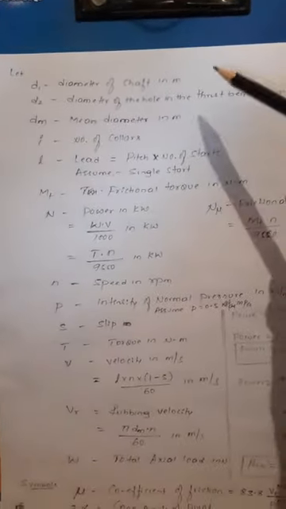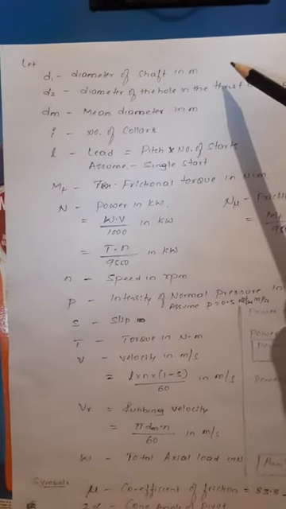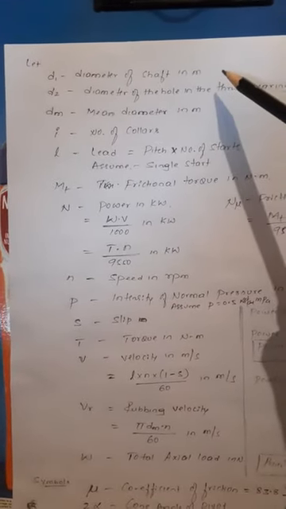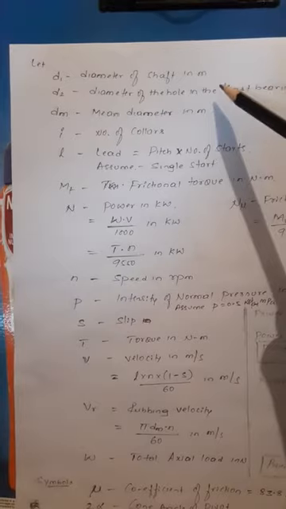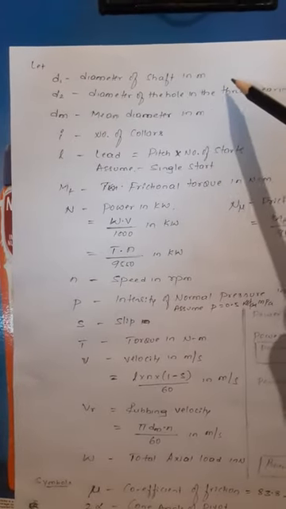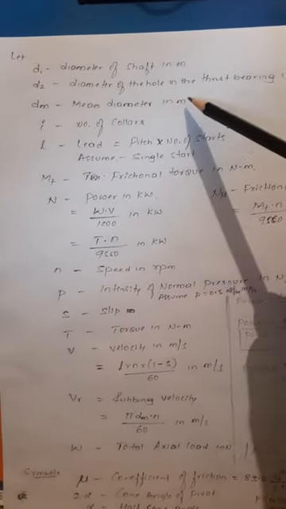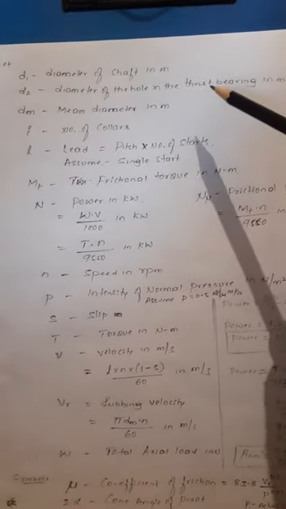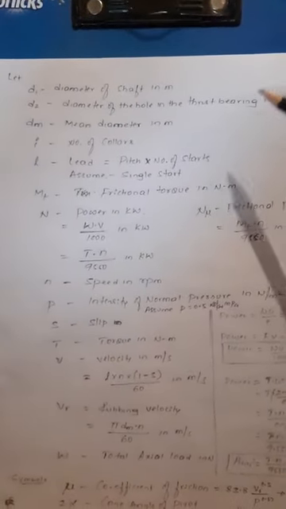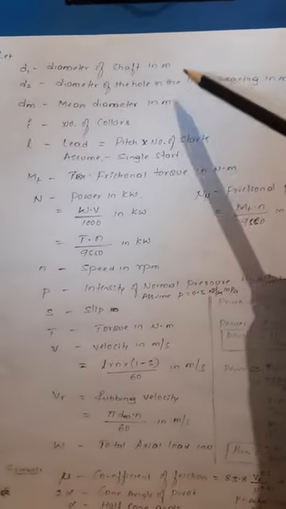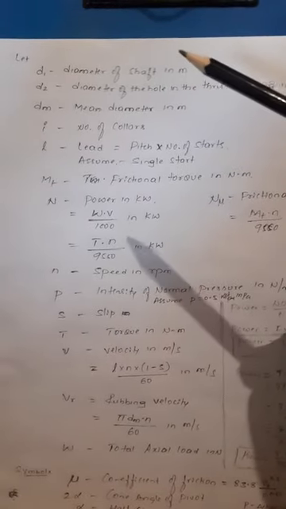Then what are the notations you can use in thrust bearing before going to design of thrust bearing? d1 is the diameter of the shaft in pivot bearing, and for collar bearing d1 is the diameter of the collar. d2 is the diameter of the hole in the pivot bearing, and in collar bearing it is the diameter of the shaft. So it changes slightly when you go to solve the problem.